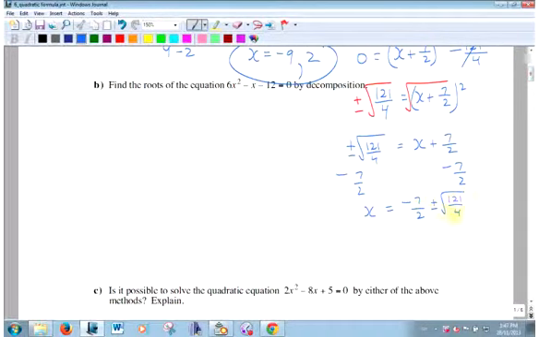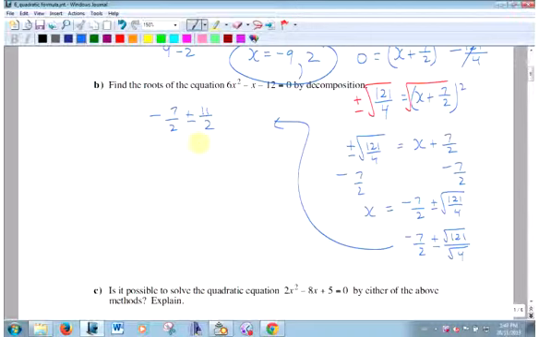What can I do with this? Could I split that up? Do you know the square root of 121? Do you know the square root of 4? That's minus 7 over 2 plus or minus 11 over 2.